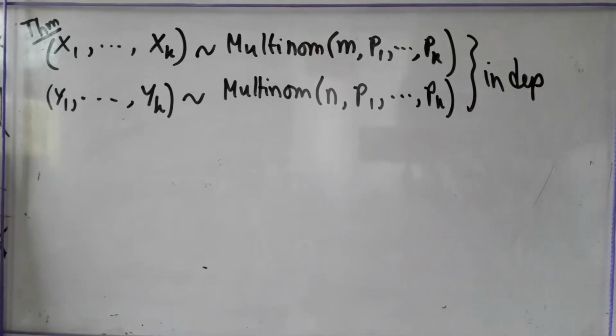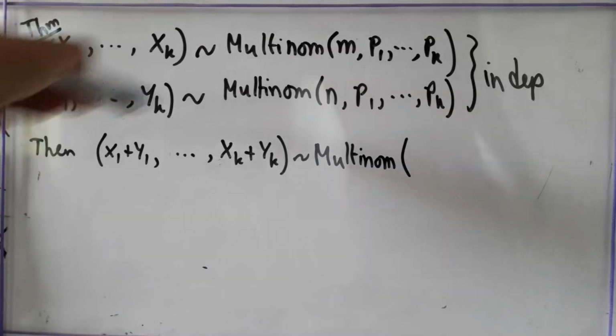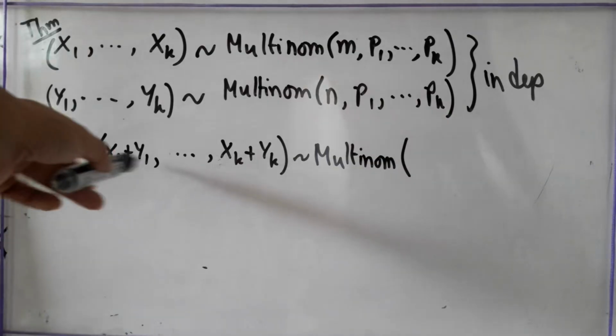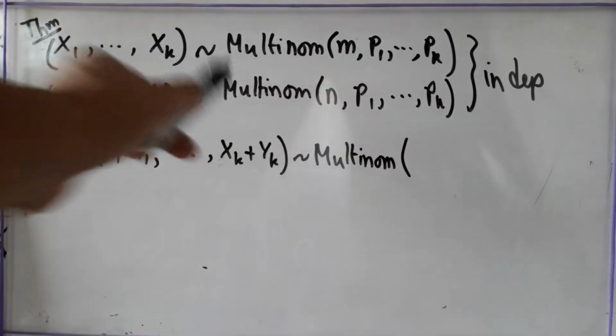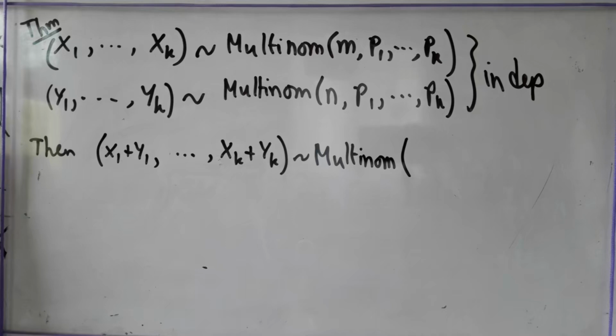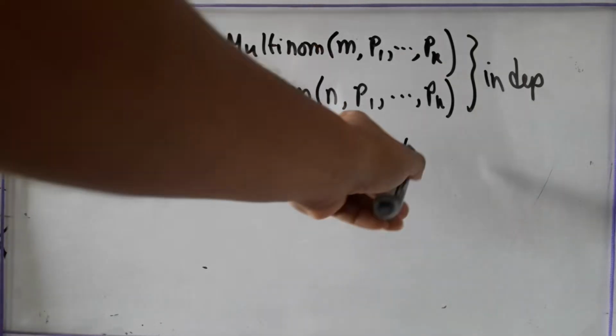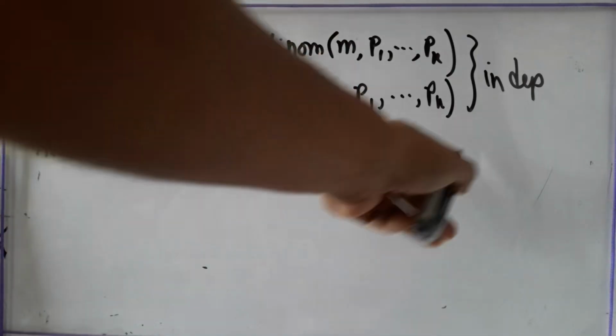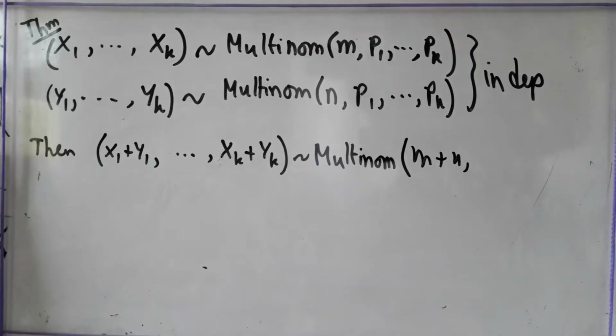In that case, if you add these 2 random vectors, because they are of same length, you can add them, x1 plus y1, x2 plus y2, all the way up to xk plus yk. That would again be multinomial with these 2 parameters adding up, m plus n. These were same and they will continue to remain as before, p1 to pk.